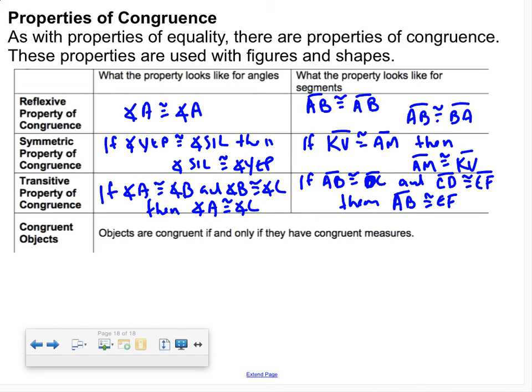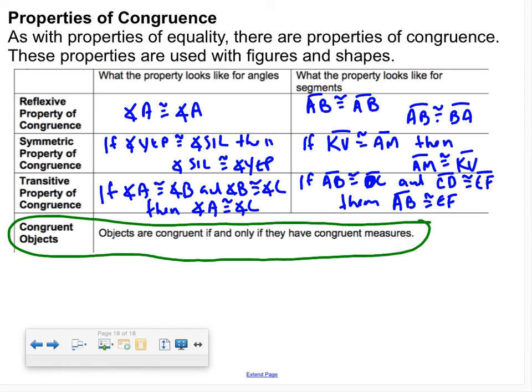And then another side one, this is probably the one that gets used most. Congruent objects. Objects are congruent only if they have the same measure. So you can just say congruent objects, or you can say the whole statement. Just remember that if objects are congruent, then they have congruent measures.